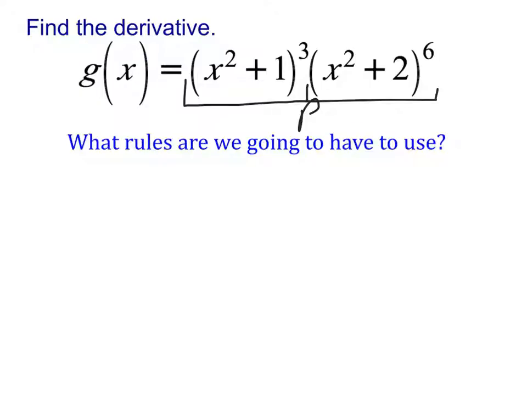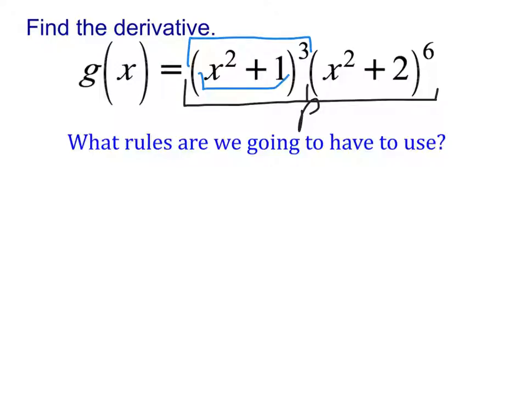Because there I have some function within another function. More specifically, I have this x squared plus 1 that is being cubed. So our inner function is the x squared plus 1, and our outer function is the something cubed.